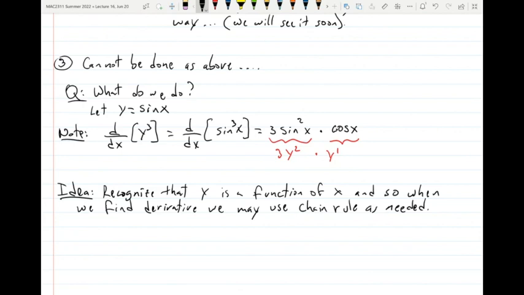In the context of an implicit definition of y, that form of taking derivative is called implicit differentiation.